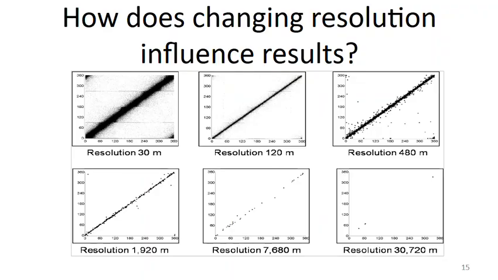Next, how does changing the resolution influence the results? Well, we can see as our resolution decreases, or the size of our pixel increases here, we see more agreement between our 2 maps. This is to be expected. There's more coarsening in our angles. We see that this line becomes thinner as we move along until it's almost in perfect agreement.